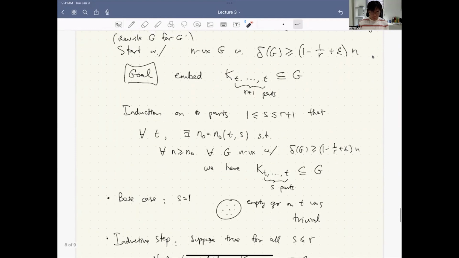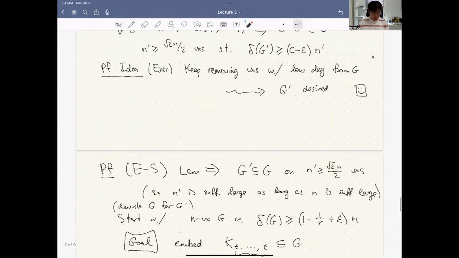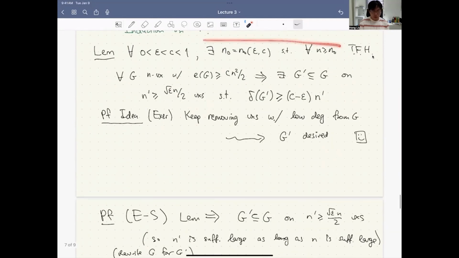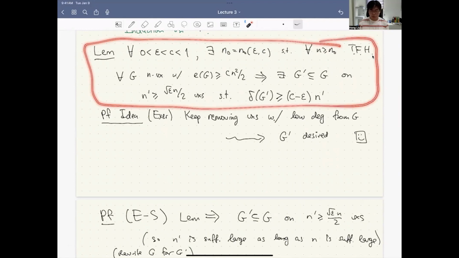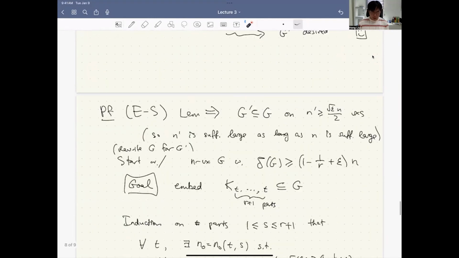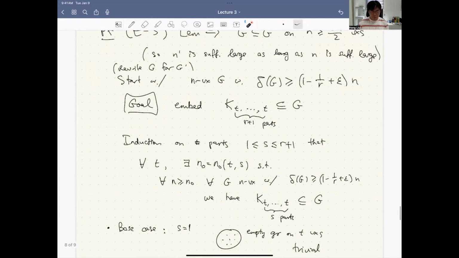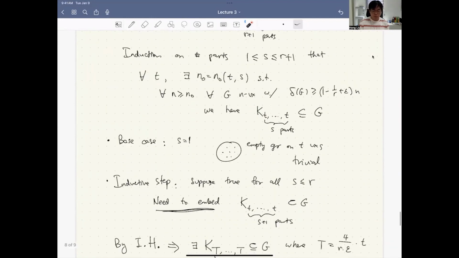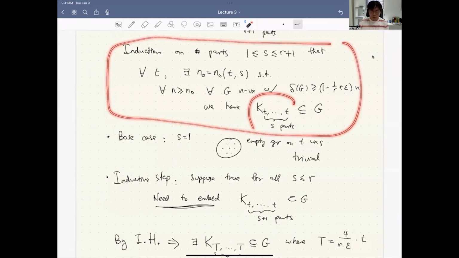Okay, so the missing proof is we didn't prove this lemma of how to boost the average degree to minimum degree. And the other missing part is now we use induction on the number of parts to try to build this complete multipartite graph K_{t,t,...,t}.